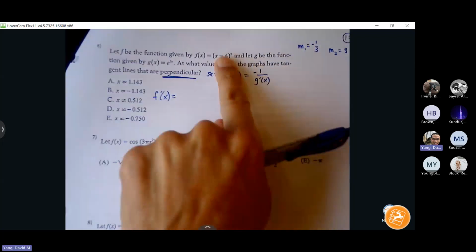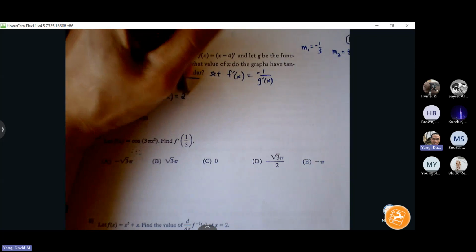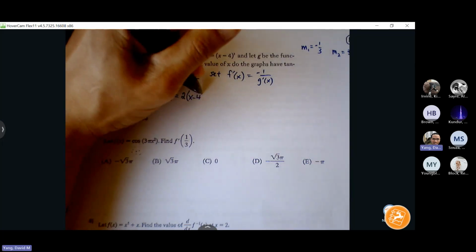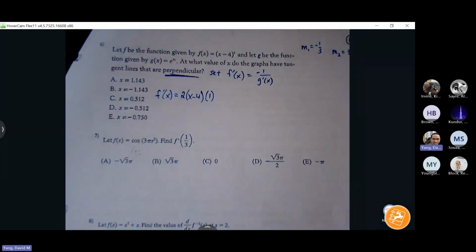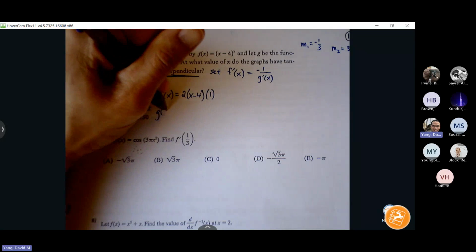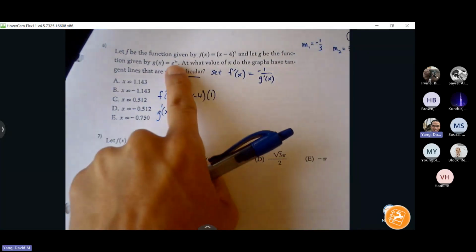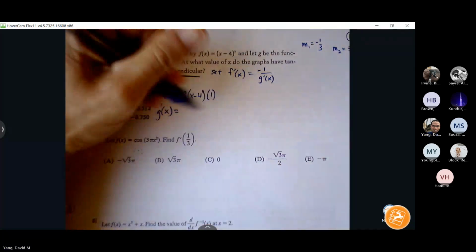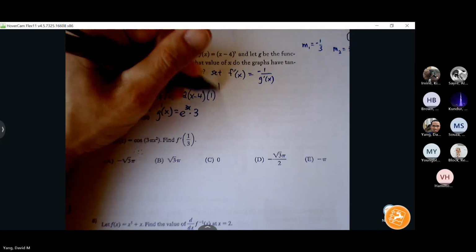We can go through chain rule here: outside times inside's derivative. So bring down the 2, keep the parentheses, subtract 1 from the exponent, and multiply by the inside function derivative. Okay, so there's my f prime. Now g prime. We know g is e to the 3x. So g prime is e to the u times u prime.